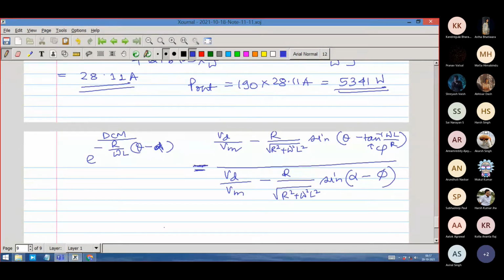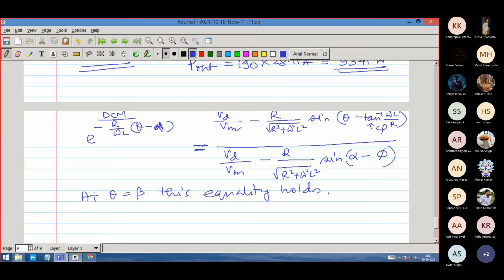Here we have to find out at what theta this equality holds. That angle is called beta, the extinguishing angle. Theta is a general thing, and at theta equal to beta, this equality will hold.